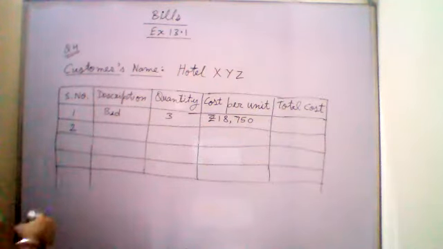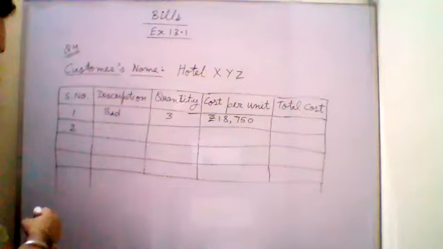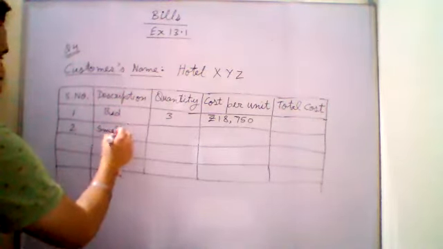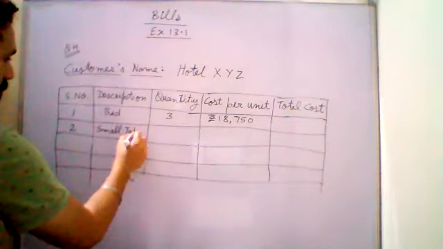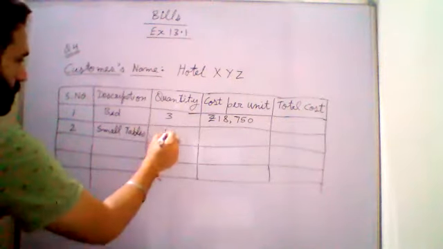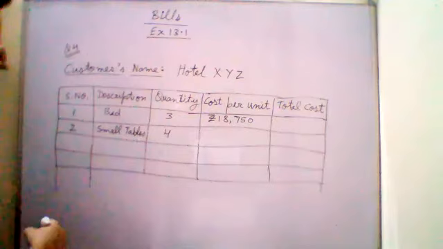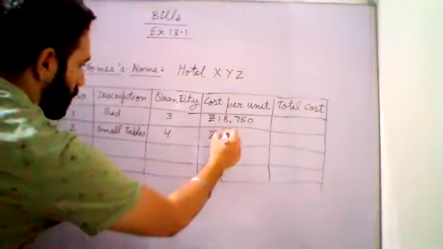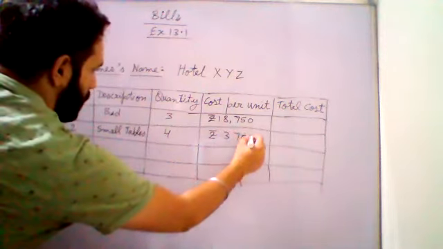Second thing, he bought 4 small tables. How many small tables? 4. What is the price of one table? Price of each table is rupees 3,700.